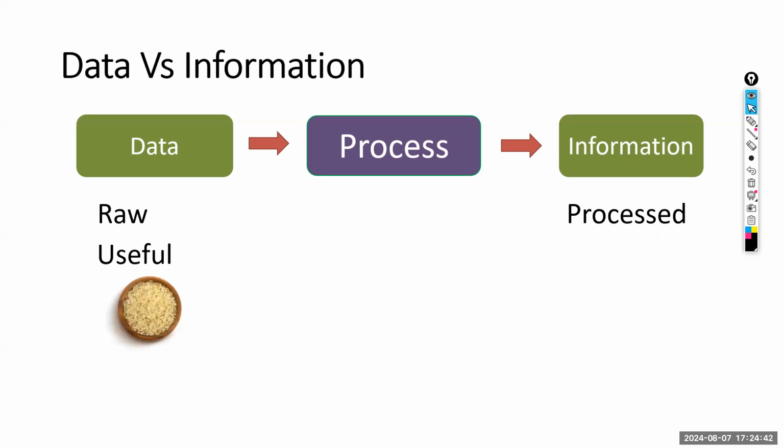We are not saying that data is bad. Data is good, but information is better. Data is useful, but in some cases, for some people, information is more useful. So we don't need to always process data, but there are situations where it's better to process.